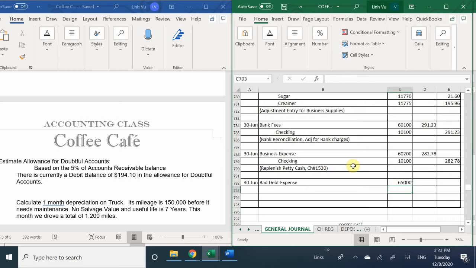And then it's going to be the allowance for doubtful accounts. That's correct. Yay, I did it right. Which is going to be 11,100.